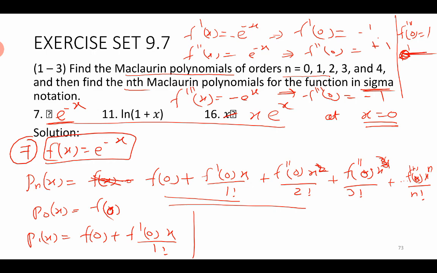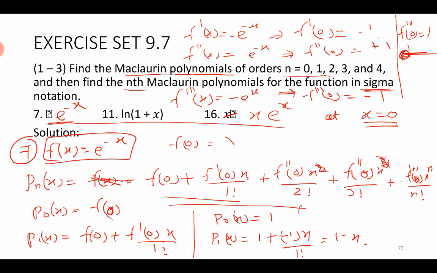Okay. Now what is p0 of x? F of 0. In the original function, if you apply, f of 0 is 1. What is the Maclaurin polynomial of order 1? p1 of x is f of 0, which is 1, plus f dash of 0, which is negative 1, times x over 1 factorial, which is 1. So this is 1 minus x.